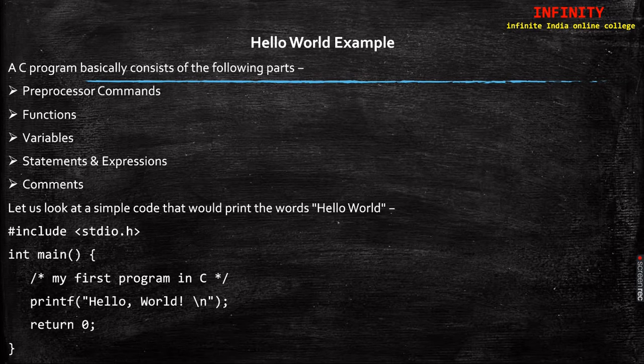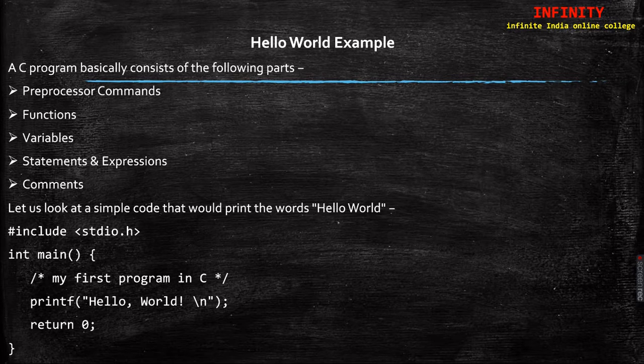A statement causes the computer to carry out some definite action. There are three different classes of statements in C: expression statement, compound statement, and control statement. An expression statement consists of an expression followed by a semicolon.